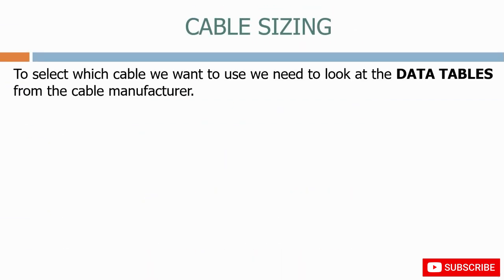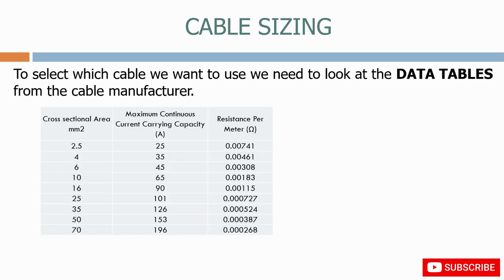To select which cable we want to use, we need to look at the data tables from the cable manufacturer. Here we have a typical cable data table. The table shows the cross-sectional area in millimetres squared, the maximum continuous current carrying capacity in amps, and the resistance per metre in ohms.